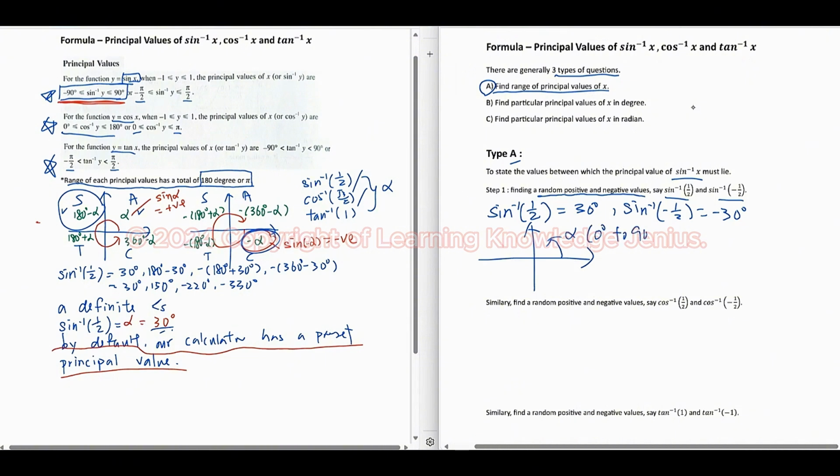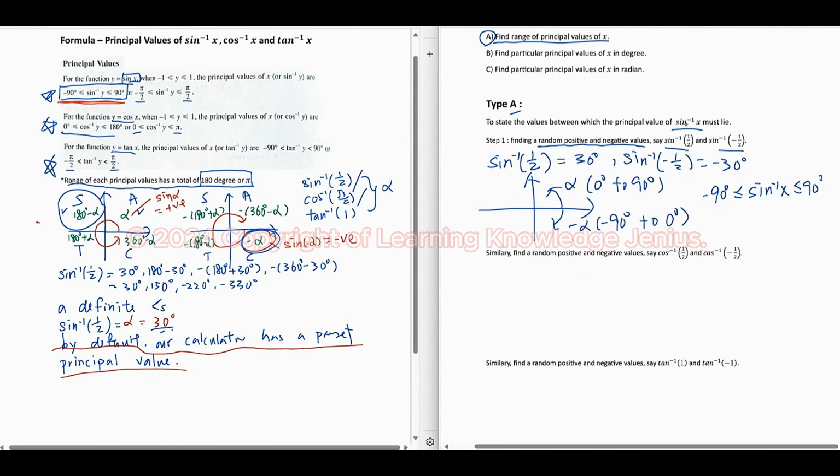Whereas the negative 30 is when you go in this direction, which is negative 90 to 0. So you can conclude that the principal value will be between negative 90 to 90.